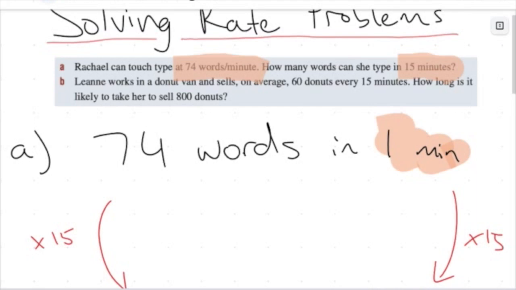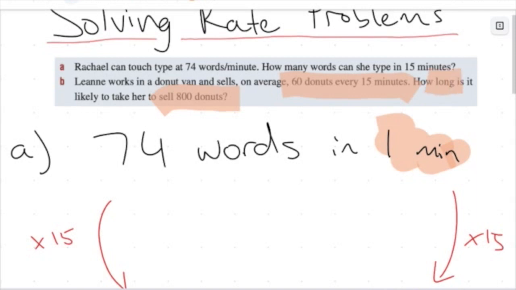So we have that Leanne works in a donut van and sells on average 60 donuts every 15 minutes. How long is it likely to take her to sell 800 donuts? So with any worded questions, we want to highlight the main bits of information. So we have 60 donuts every 15 minutes, and we want to find how long it'll take her to sell 800 donuts.